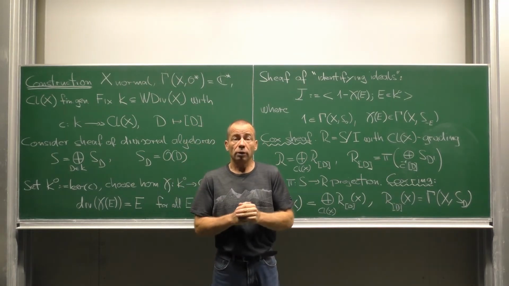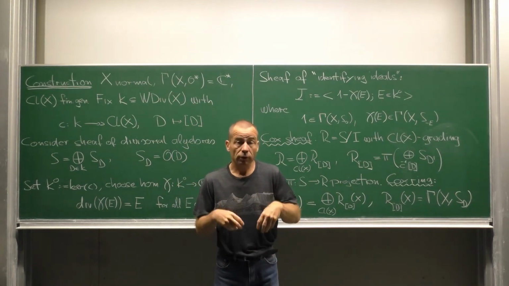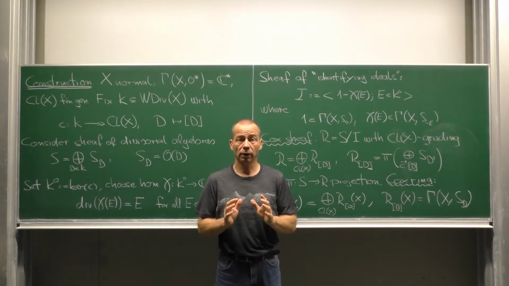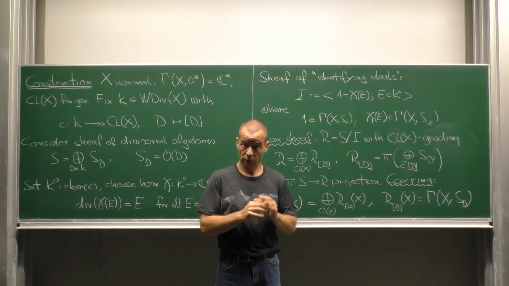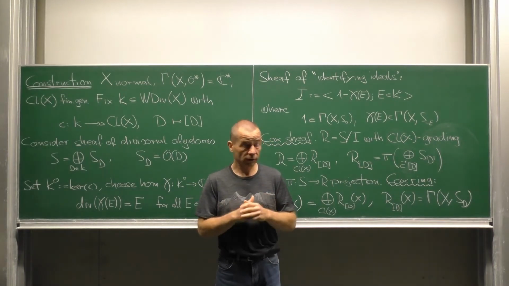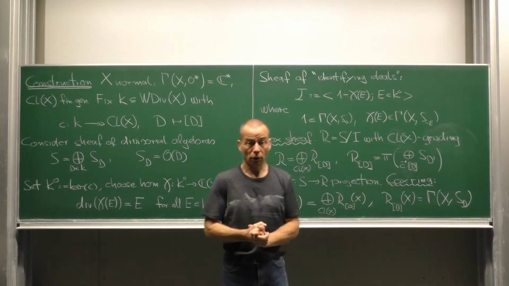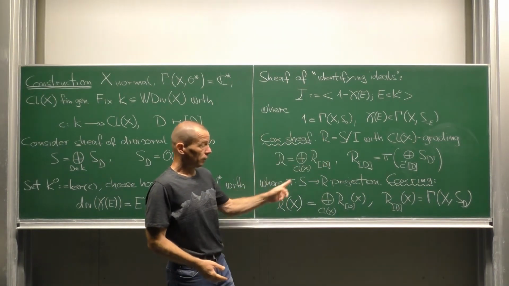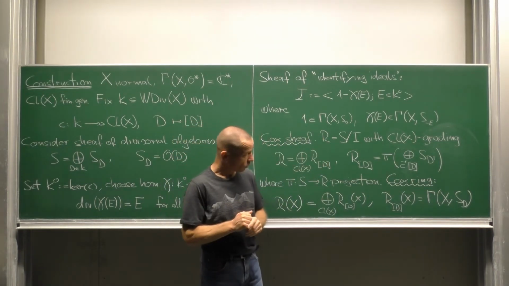By construction, this quotient sheaf is graded by the factor group K mod K0. But this is just the divisor class group of X. So our Cox sheaf is graded by the divisor class group.